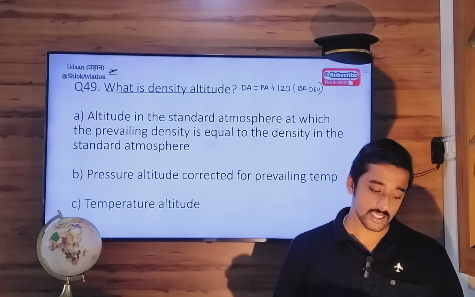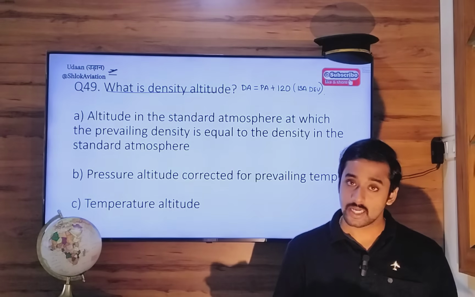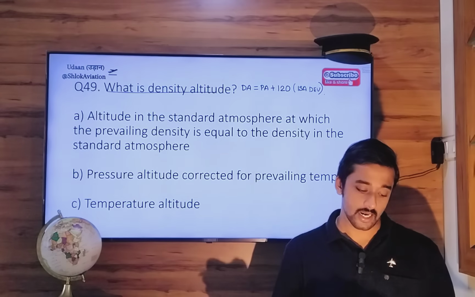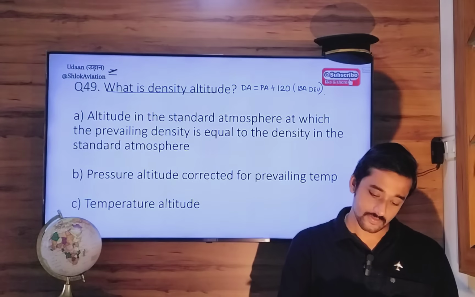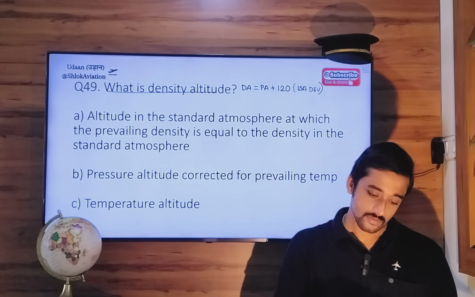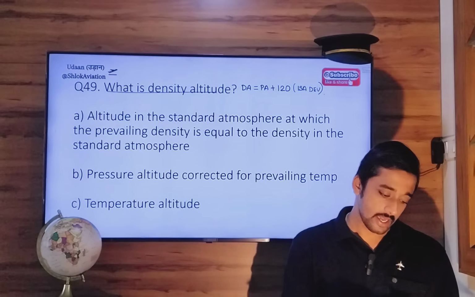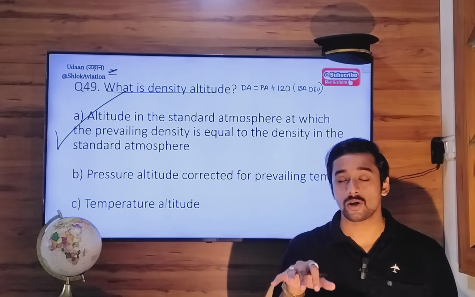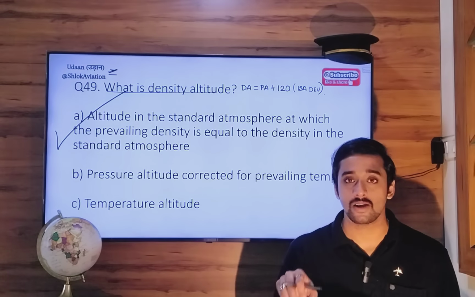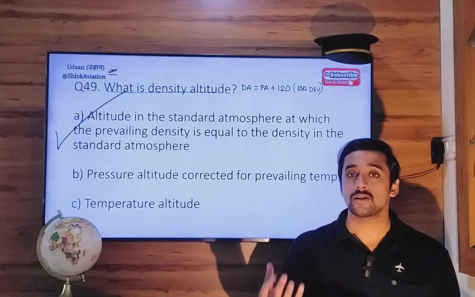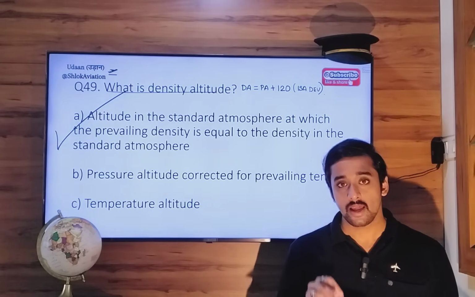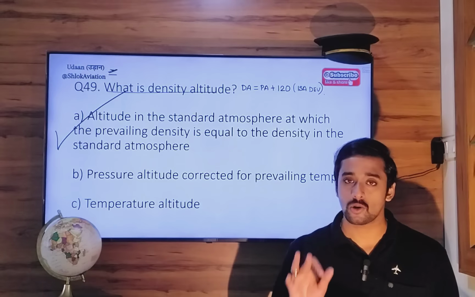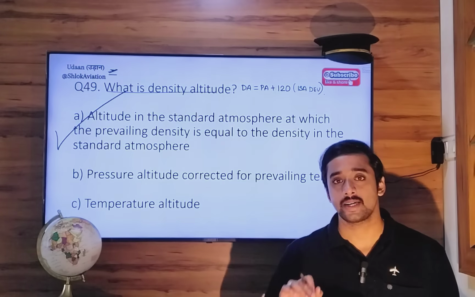So the answer to question 49 is option A: altitude in the standard atmosphere at which the prevailing density is equal to the density in the standard atmosphere. So whatever density is existing at this particular place, you have to ask yourself a question: at what altitude in the ISA atmosphere are you expected to find that density?